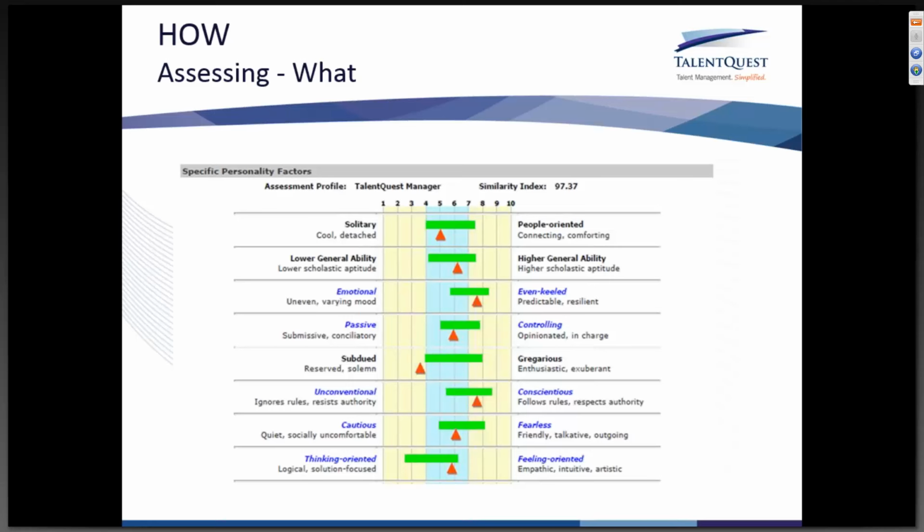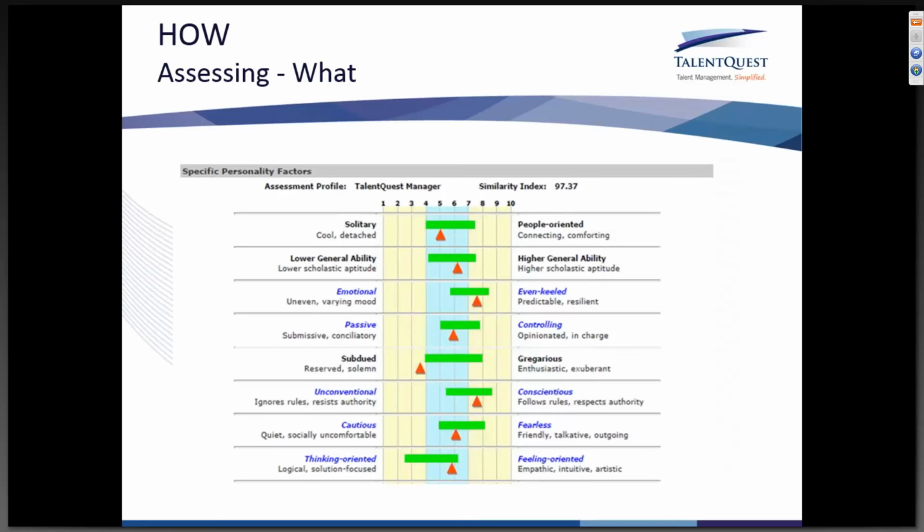This is a screenshot from our TQ assessment. And I put this on here as just an example of how some companies have chosen to assess fit in real life ways. So as you look here, this is just a sampling.